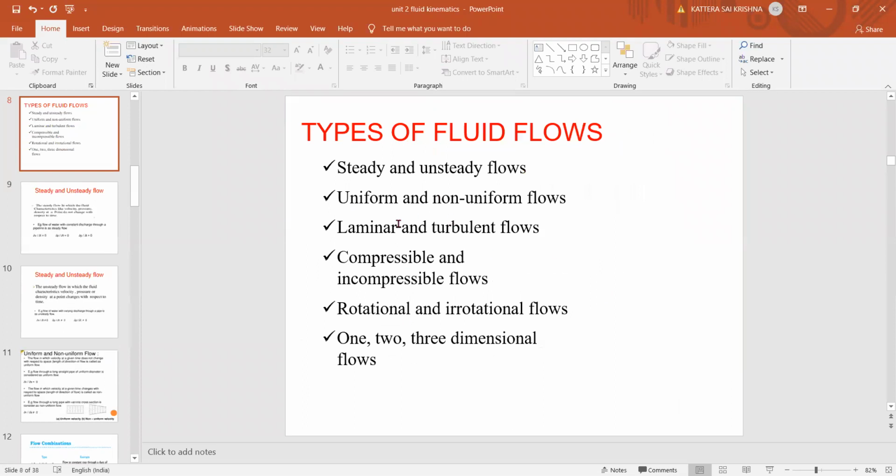Okay, so all the types we have seen: steady and unsteady flows, uniform and non-uniform flow, laminar and turbulent flows, compressible and incompressible flows, rotational and irrotational flow, and one-dimensional, two-dimensional and three-dimensional flows.